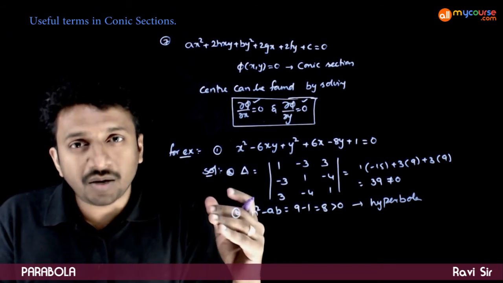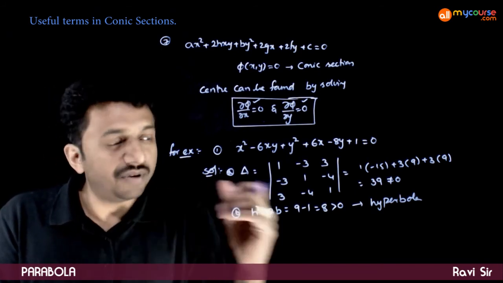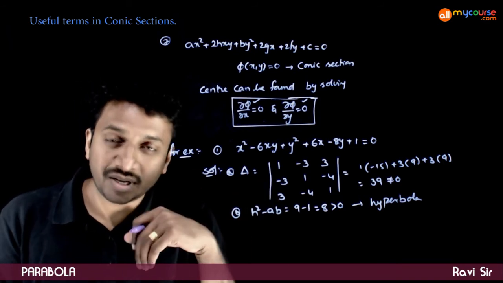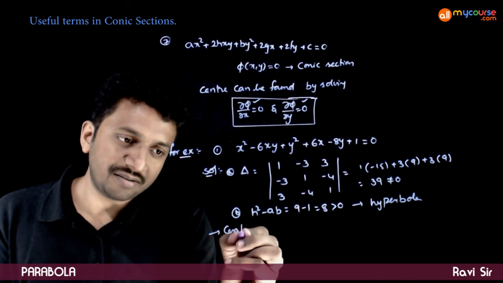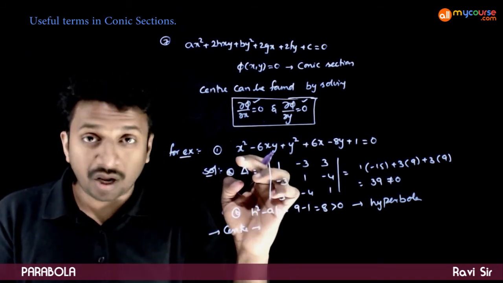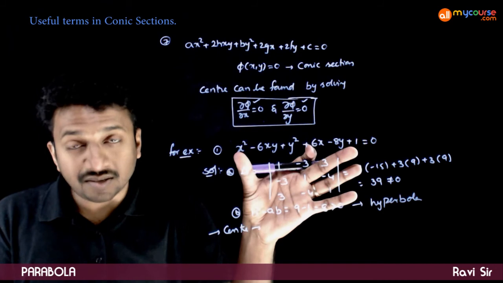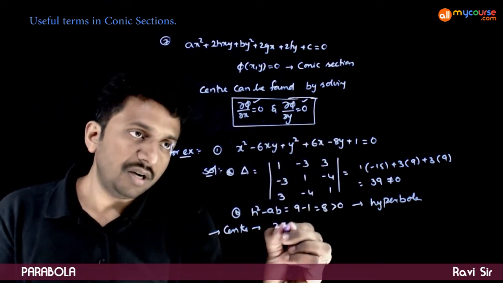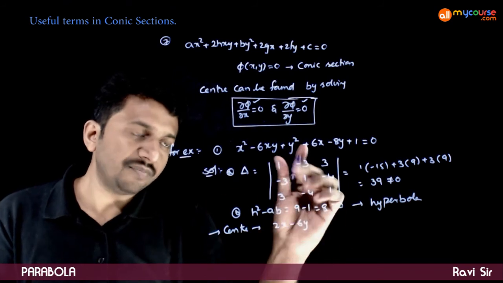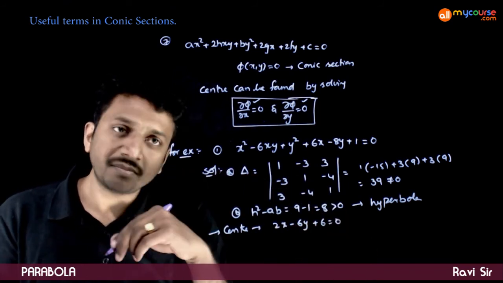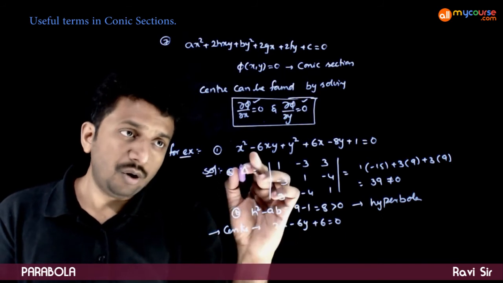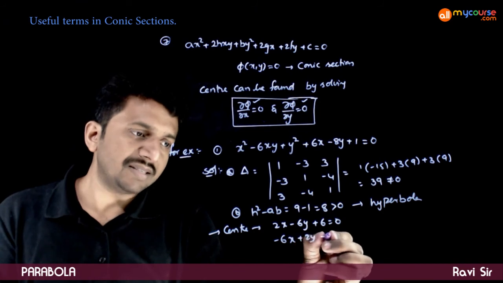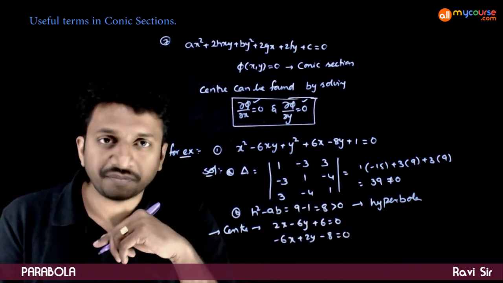How a hyperbola looks, we'll look in the chapter on hyperbola. For now, just agree that this is a hyperbola. Now what is the center of this hyperbola? The center can be found by solving dou phi by dou x is equal to 0 and dou phi by dou y is equal to 0. Dou phi by dou x is 2x minus 6y plus 6 is equal to 0, and dou phi by dou y is minus 6x plus 2y minus 8 is equal to 0.